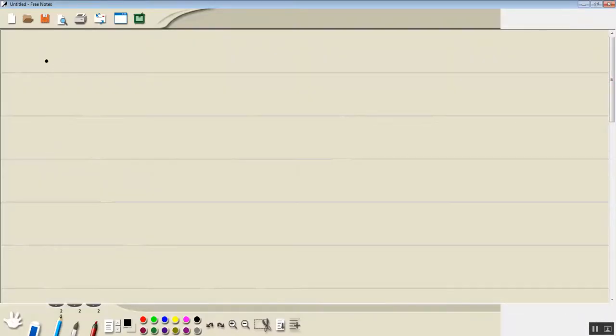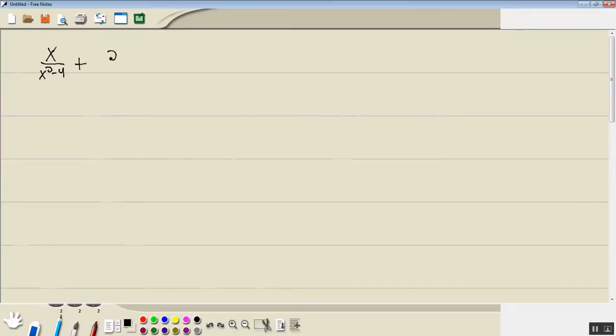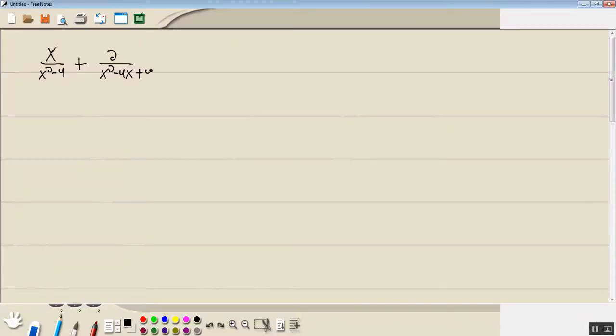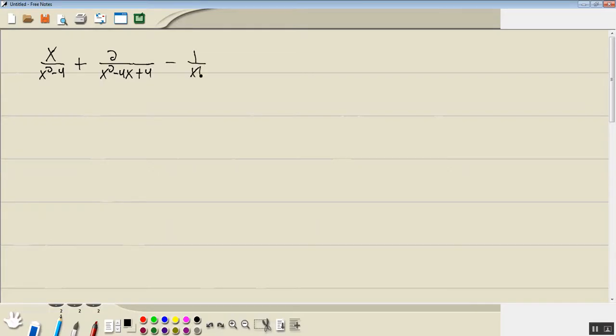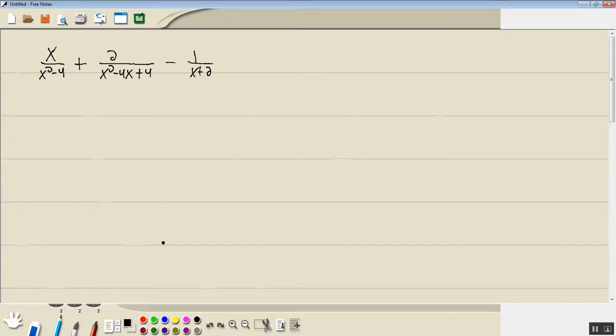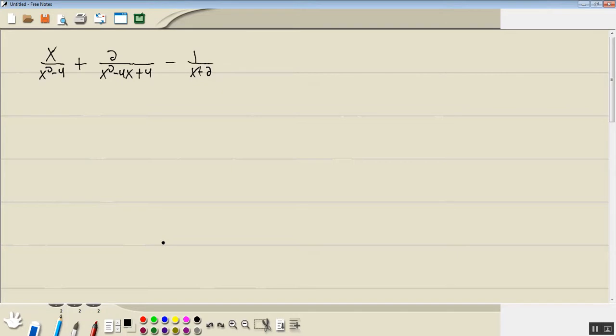Okay. x over x squared minus 4 plus 2 over x squared minus 4x plus 4 minus 1 over x plus 2. Now notice that all of these, assuming I wrote them down correctly, have different denominators. So we have to get a least common denominator.